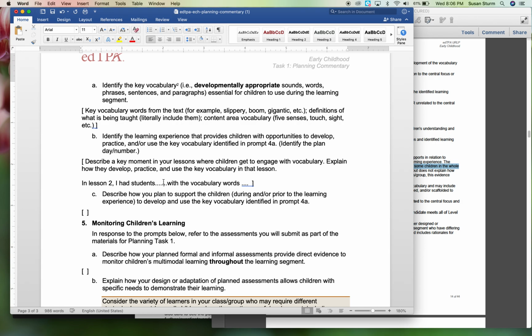If you're going to do that, you would explain in lesson 2, I had the students practice descriptive words related to the senses of sight and sound, and they had to say the word, describe what the word was, and then physically get up and put the word in the correct sight area of descriptive language.